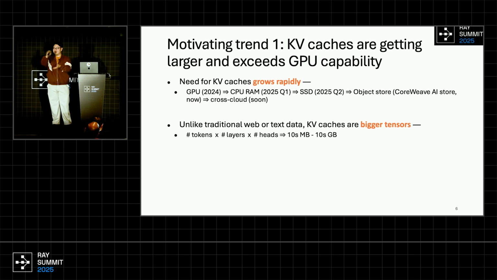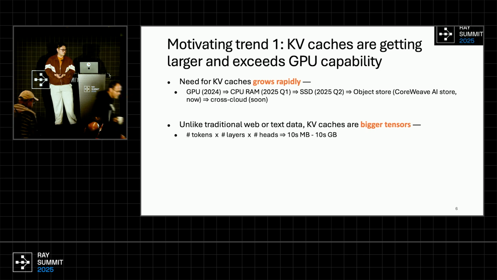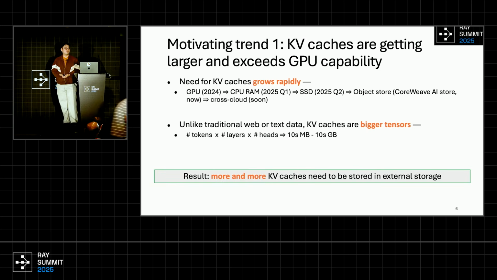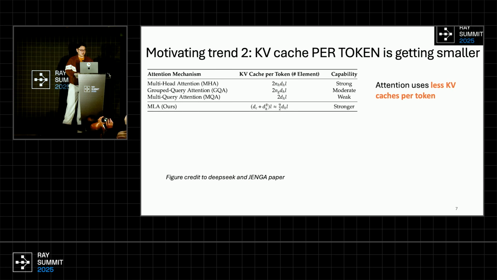Imagine how many requests are running in your system, and the real-time generated KV caches can be really large. It's a huge tensor flowing through your system, and that is not the use case traditional storage was designed for. So we need the infrastructure. As a result, more and more KV caches need to be stored in external storage, not in GPU, not in CPU, not even on disk, but in remote storage. That's the first trend we are finding.